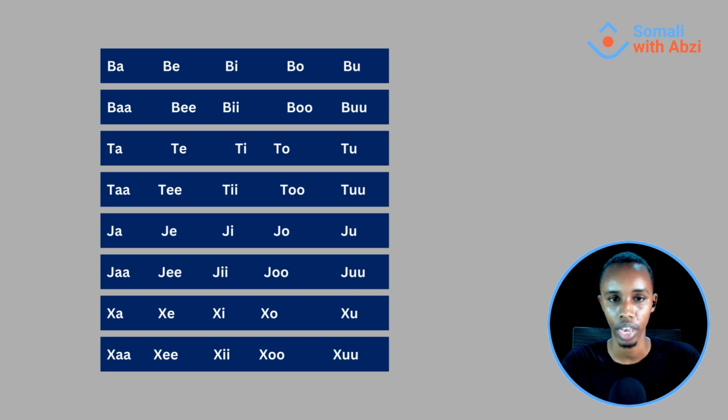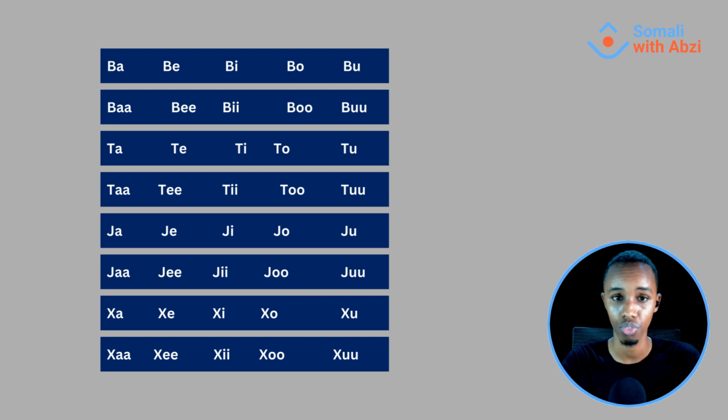Ta, te, ti, to, tu. Ja, je, ji, jo, ju. Ha, he, hi, ho, hu.